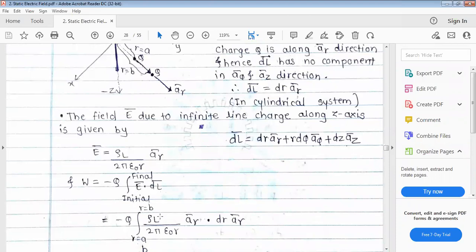What is the equation for E bar? E bar is equal to rho l upon 2 pi epsilon 0 r into a bar r. Now just tell me why I am writing this equation and not q upon 4 pi epsilon 0 r square. If you are concentrating, if you understand this, you can tell the answer.